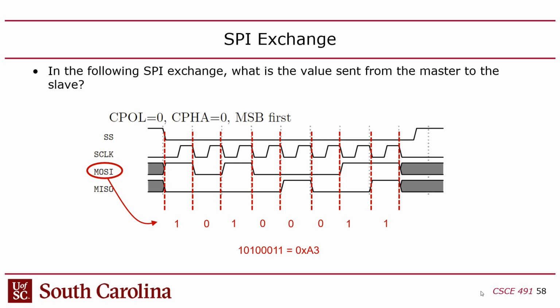And you might say, okay, yeah, well that makes sense for the master because it's the one actually driving the ship here. But what about the slave? How does it know where to drive MISO if it doesn't even have the clock? Well, I don't know. I'm guessing the slave's just looking for slave select. So as soon as slave select drops, boom, it's got to get this ready as soon as possible.